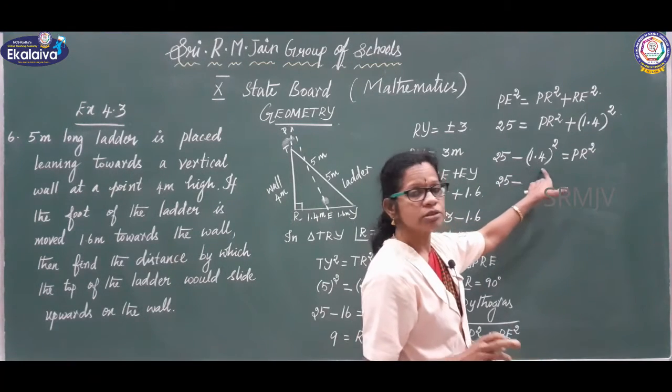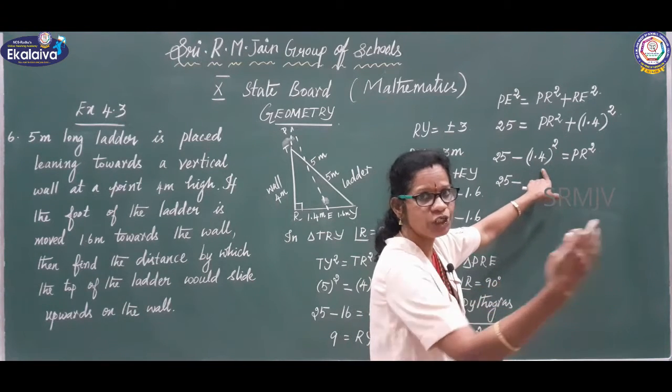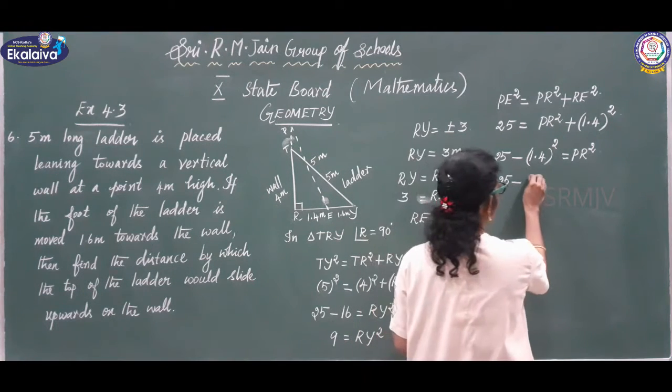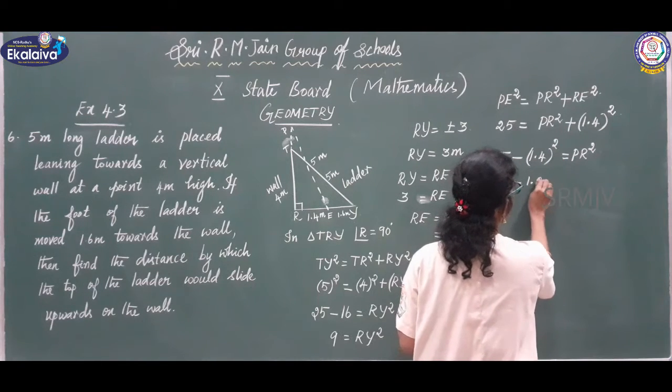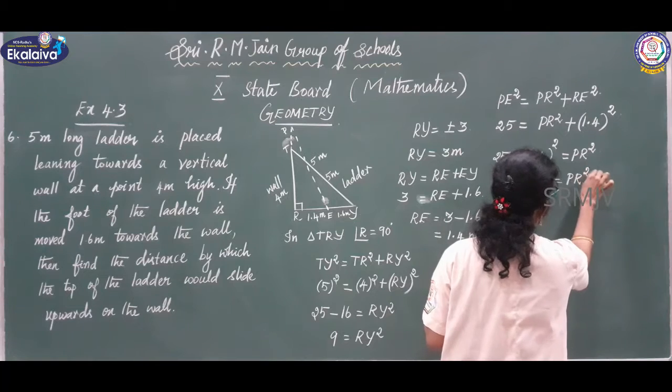You want to place the decimal point after 2 digits, so you should move from right to left. That means what can you get? 1.96 equals RE square.